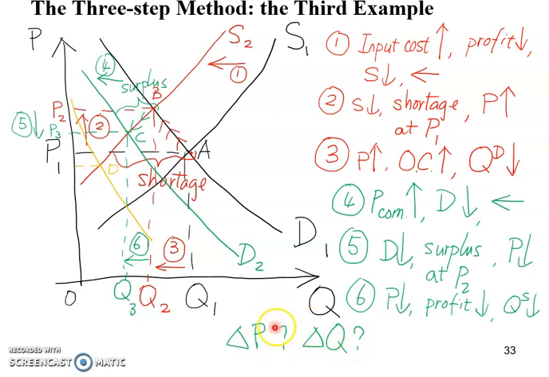So putting together, the bottom line is between these two variables, price and quantity, we would only know one for sure and leave the other uncertain. In this case, the change in quantity is clear, the change in price is unclear, but in a different case, it could be the other way.